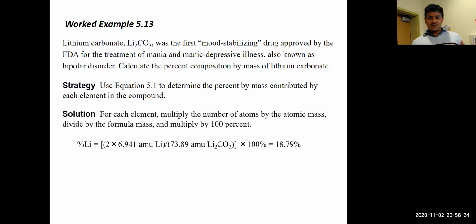The formula is what we just saw previously, which is n times that particular element's atomic mass over the entire molecular mass of Li2CO3. Li2CO3 has an overall mass of 73.89. There are two lithiums with an atomic mass of about 6.9, so you have about 19% lithium present in it.